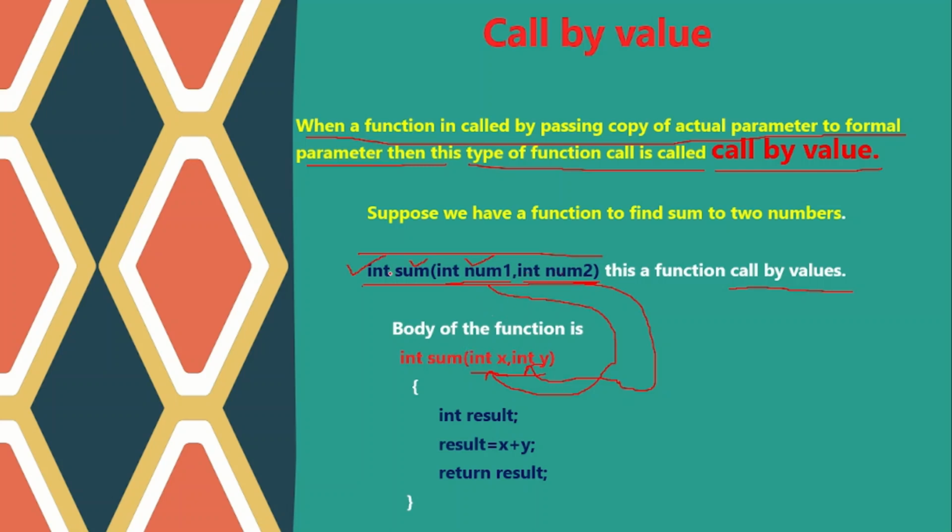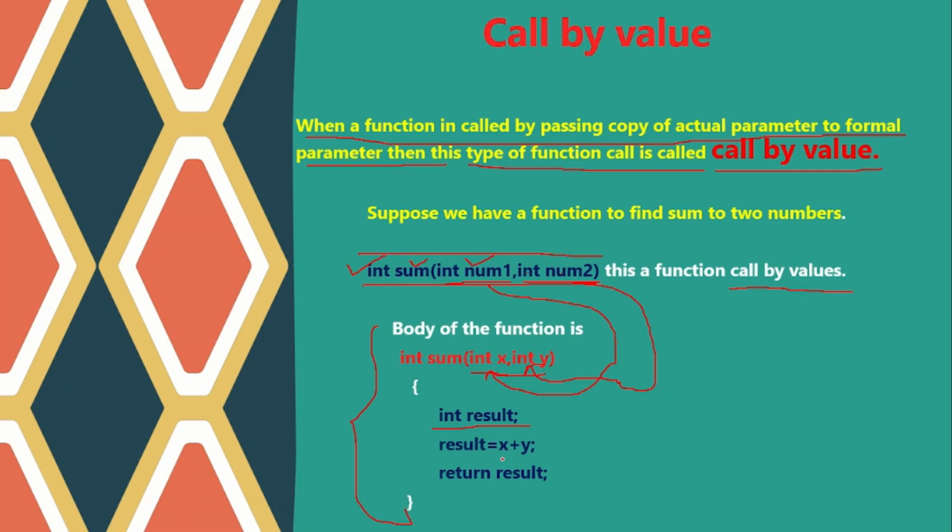Clear? When the function call, or you can say the control, will come here, automatically that control will be transferred to here. This is actually the function body. So the value of num1 will come into x and value of num2 will come into y. This int result is a local variable.